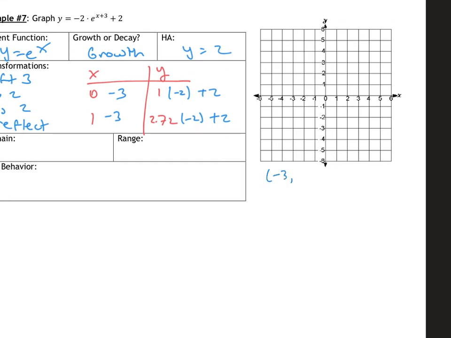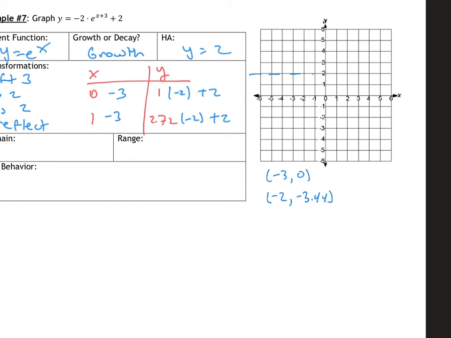So I got negative 3. 1 times negative 2 is negative 2, plus 2, you get 0. So (-3, 0) is going to be on my graph. 1 minus 3 is negative 2. 2.72 times negative 2 gives me negative 5.4, plus 2, so I got negative 3.4. And I got my points to graph.